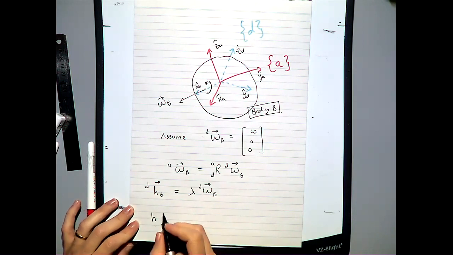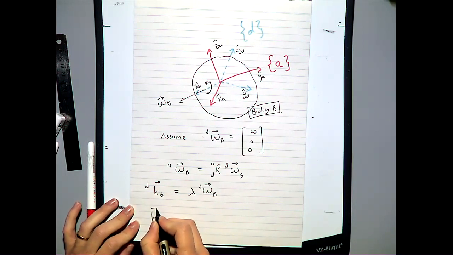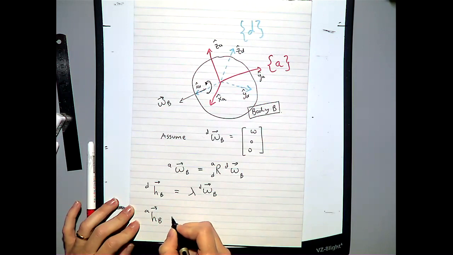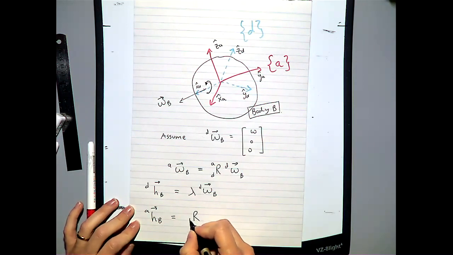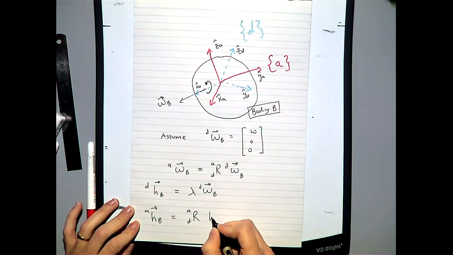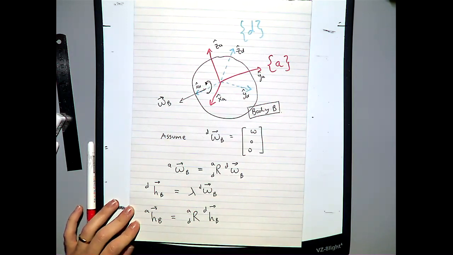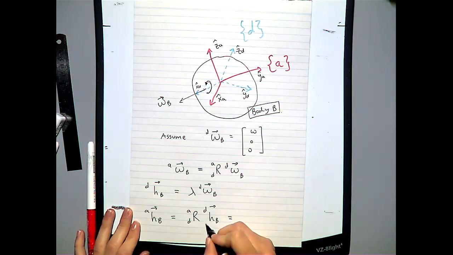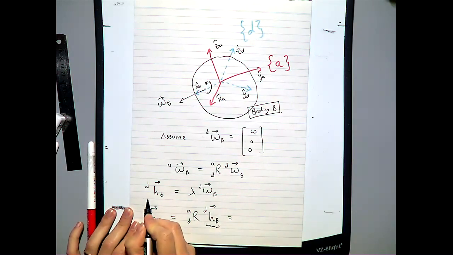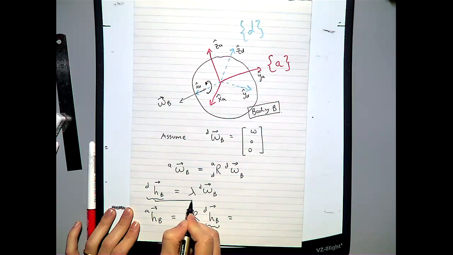So H of the same body in frame A will be the rotation matrix from D to A times HB in frame D. So I can substitute instead of this one.